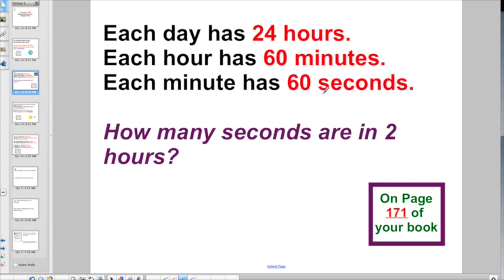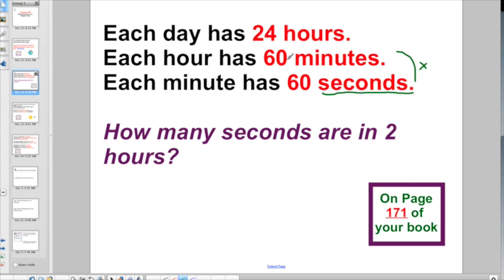Well, they want the answer in seconds. This is kind of the old number of groups times the number in each group, because you got 60 groups of 60. So if you want an answer in seconds, you're going to have to start multiplying seconds times minutes, the number of groups times the number in each group, right?